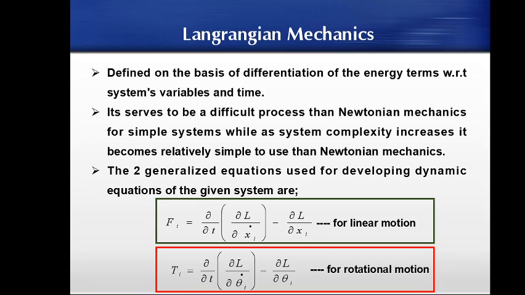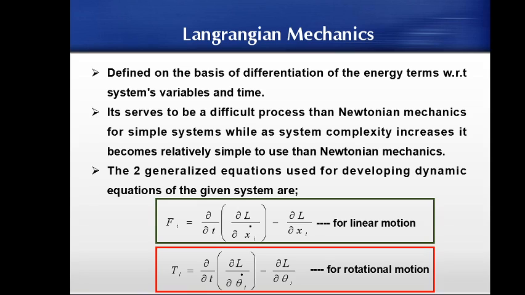So by differentiating the kinetic and potential energy terms with respect to the corresponding variable acting on a robotic manipulator, if it has both linear as well as rotational movement, we need to differentiate with respect to the linear variable or the prismatic variable, di or xi, and if it has revolute joints, we need to differentiate the energy terms with respect to the angular variable or the revolute variable, that is theta normally, as well as with respect to time also.